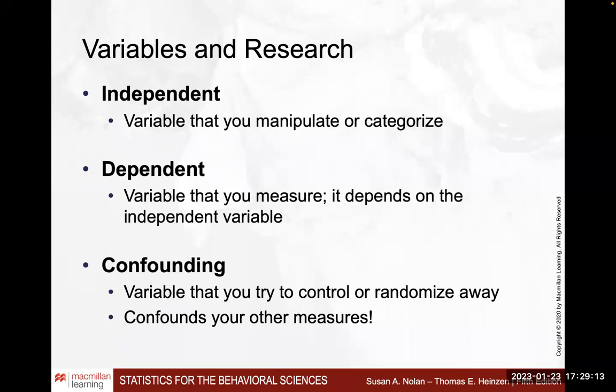For the example of the Stroop test, the dependent variable is your actual measurement. That's the time it took the individual to respond or to correctly complete the task of stating those 4 colors. So it depends on the independent variable what the measurement of the dependent variable will be.